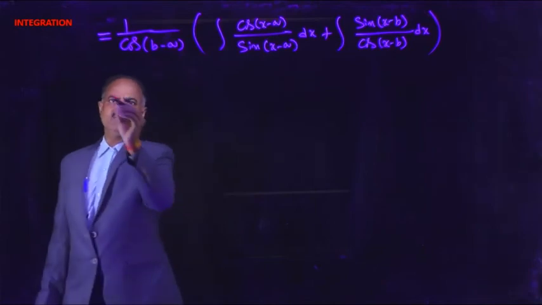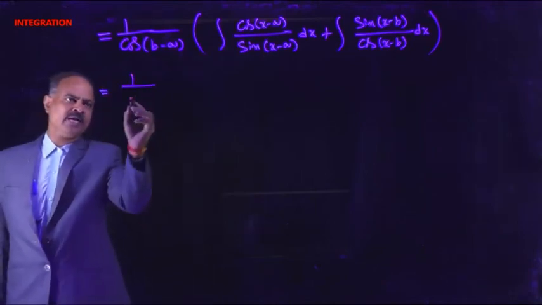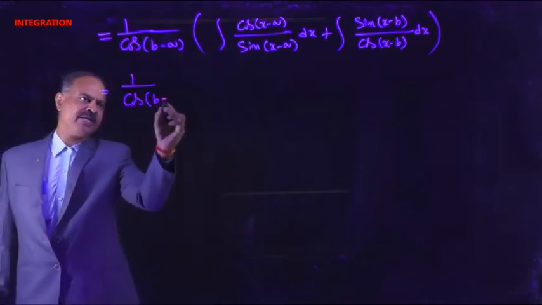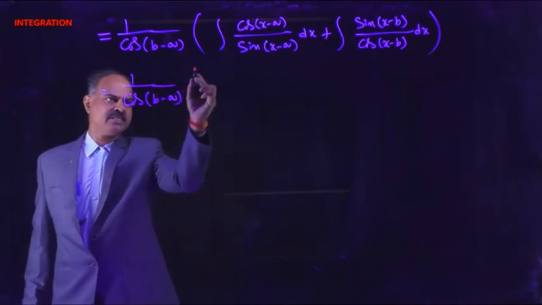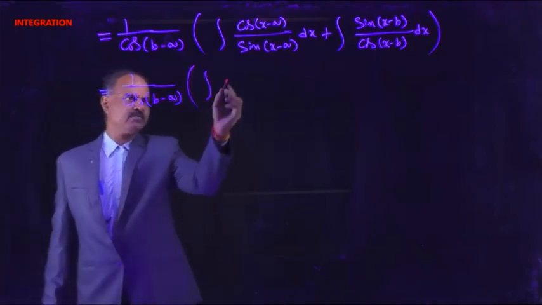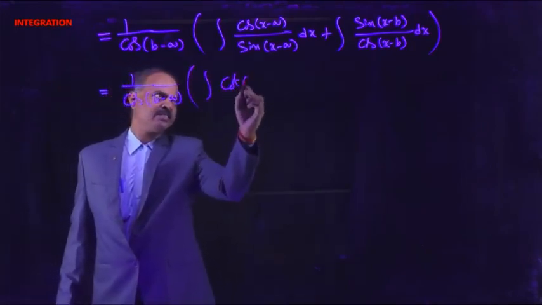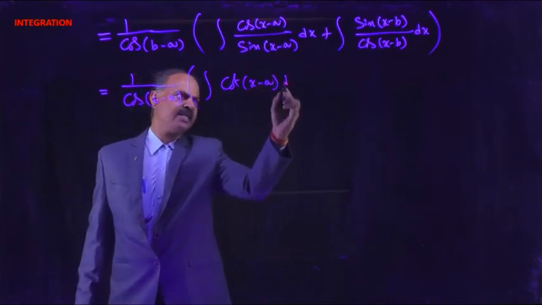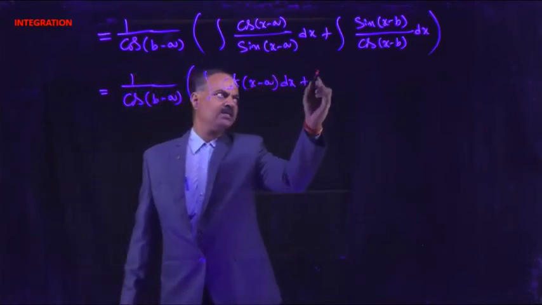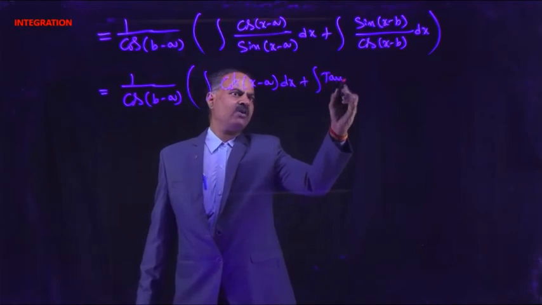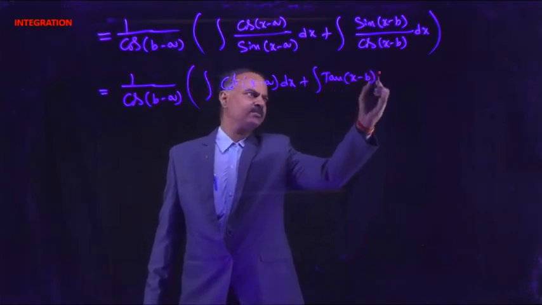Now this equals 1 by cos of (b minus a) into integral cot (x minus a) dx plus integral tan (x minus b) dx.